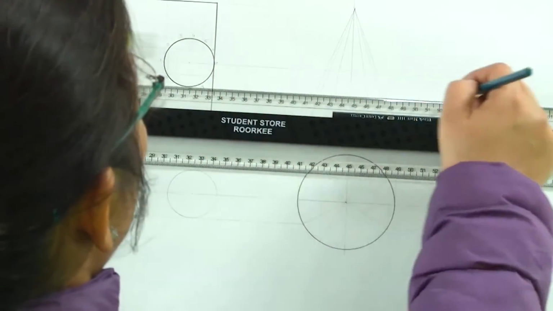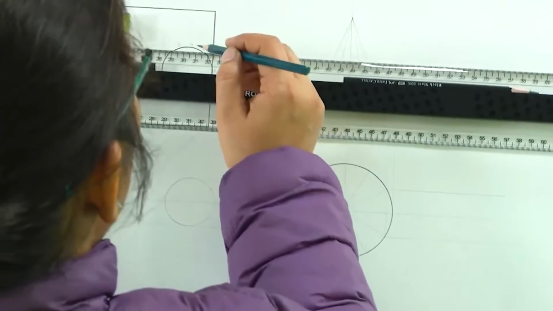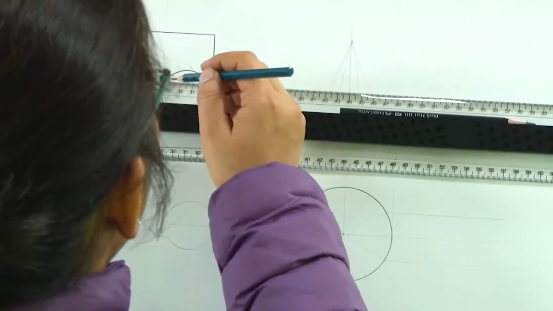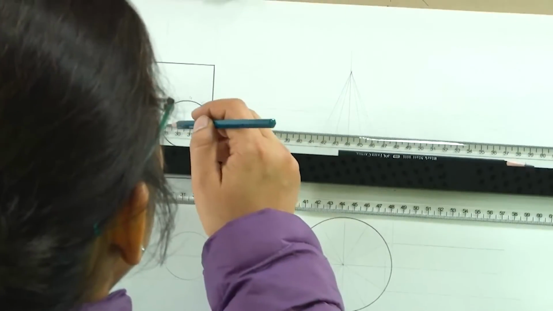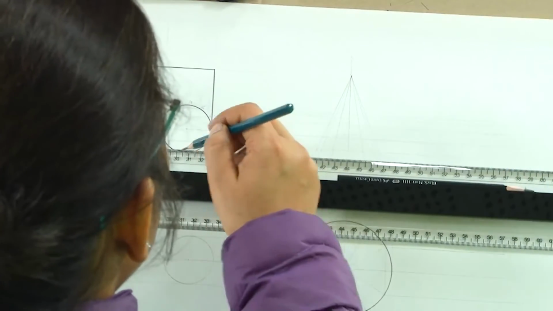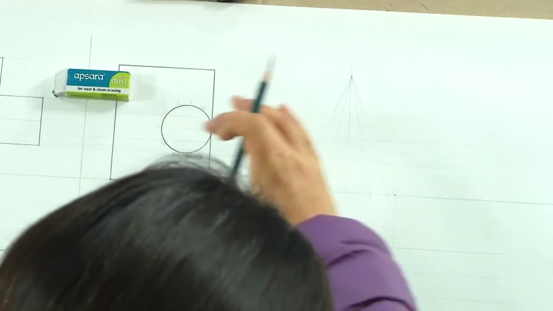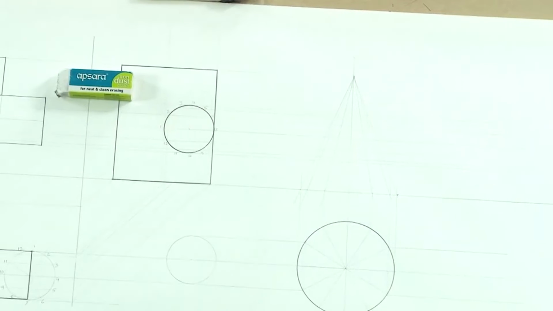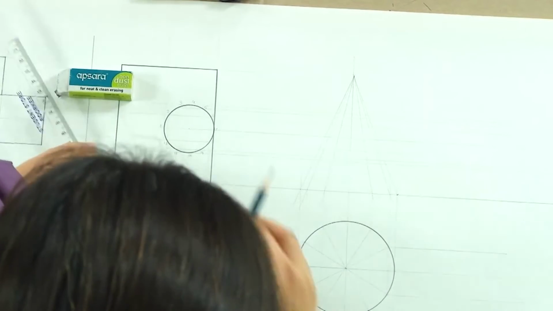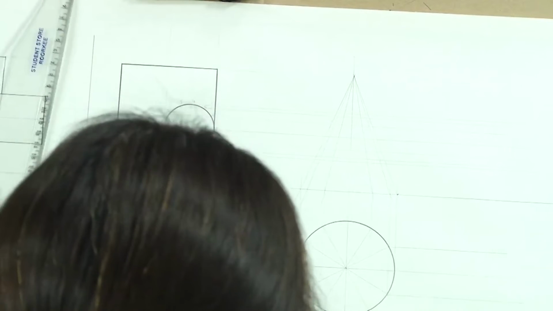So, I am just taking it forward like this, and the projectors will also remain the same, which we had taken earlier for simplicity. So, this is how the cylinder is going to pass through it, but where will it exactly cut, that we have to determine. So, we are again dividing this circle into 12 equal parts.